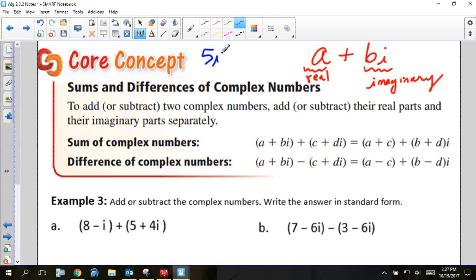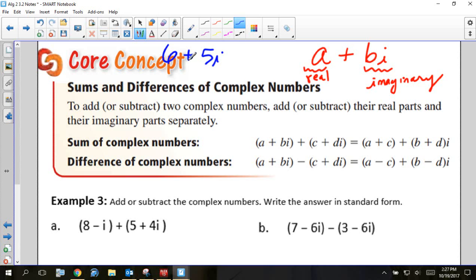The bi, that would be imaginary. If I gave you the number 6, would that be the a or the bi? The a. And 6 plus 5i would be a complex number, where you have both the real and the imaginary portion together.